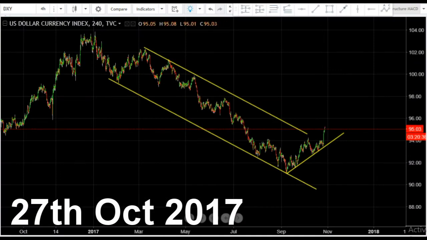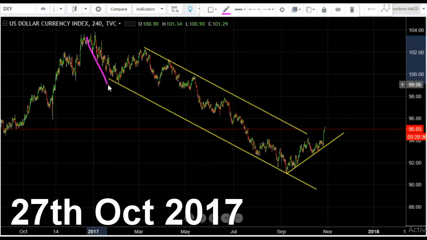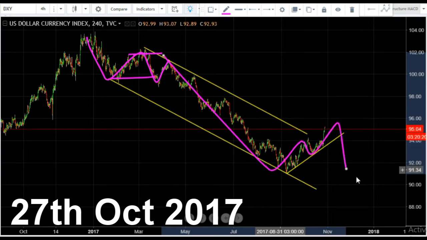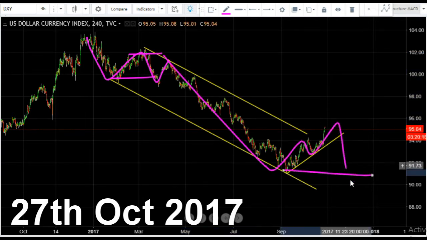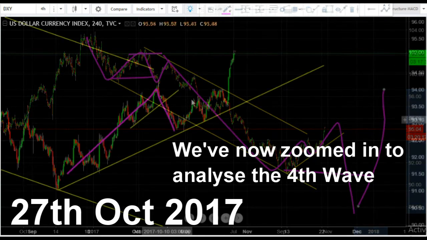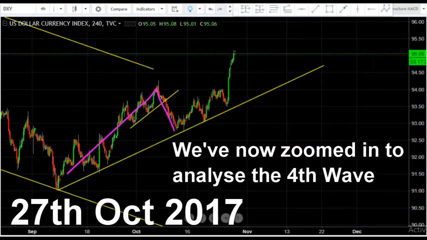What we said a few weeks ago was that this looked like a 1, a 2, possibly a 2 to there, and then a 3, and we were going to get some sort of 4th wave here, and then a 5th wave which may or may not be truncated and could come down to here before we get a larger B wave back up. We're looking for a short trade. So let's see what this does.